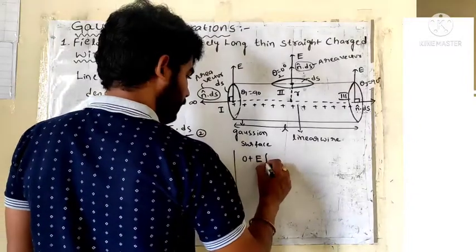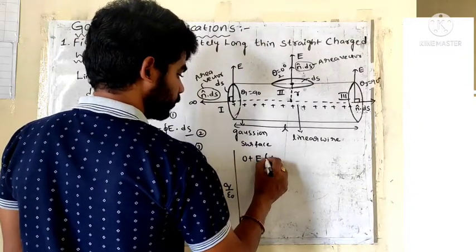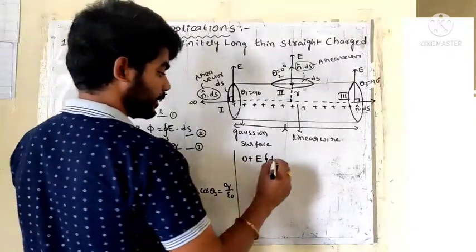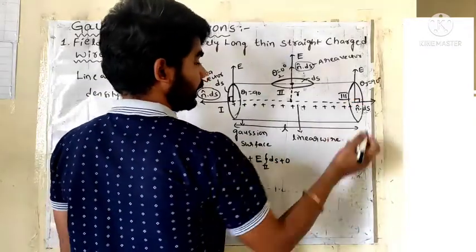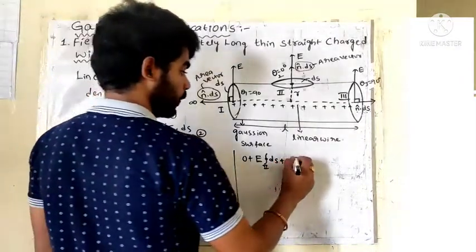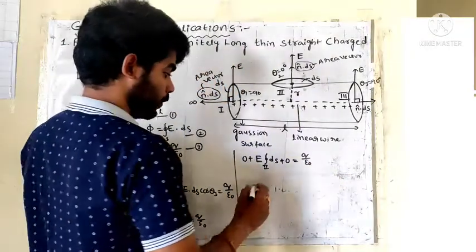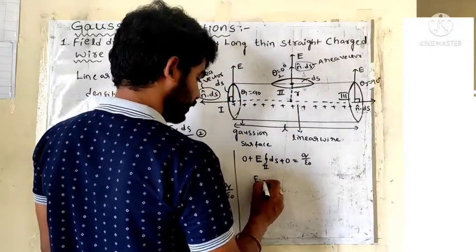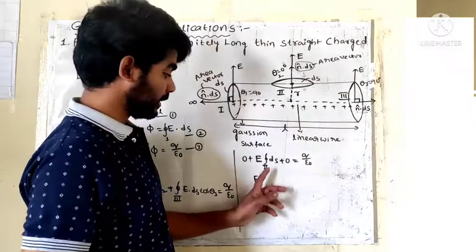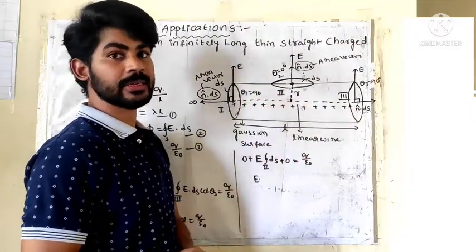So here we write the integral of ds from region 2, and from region 3, theta 3 is 90, cos is 0, so that term is 0, equal to q by epsilon naught. Here E times the integral of ds means we get the total surface area.